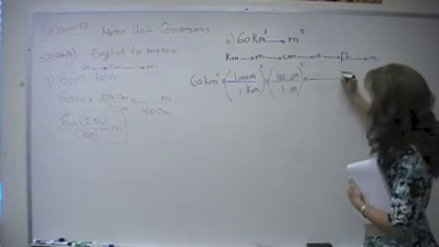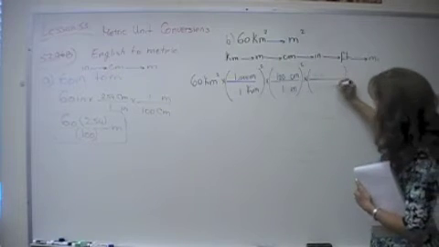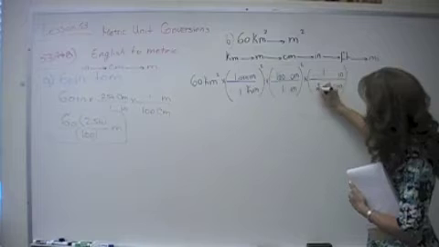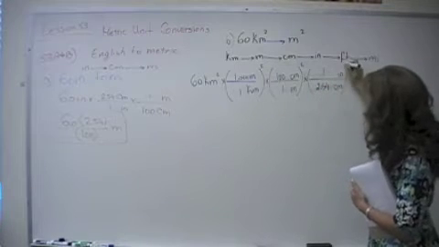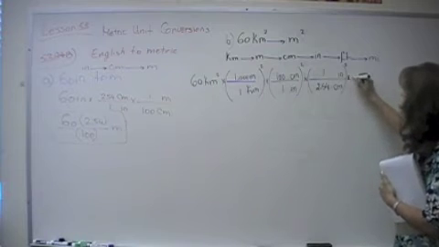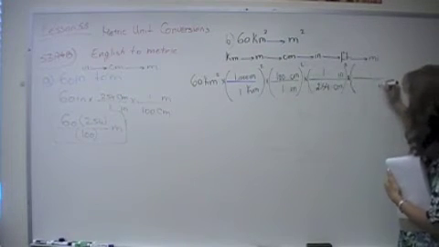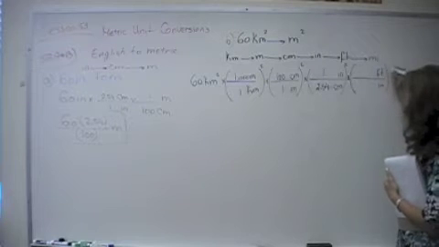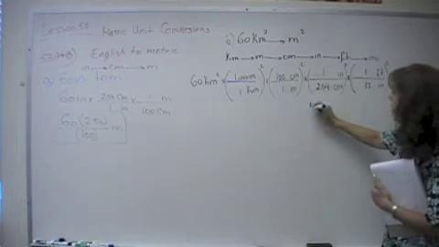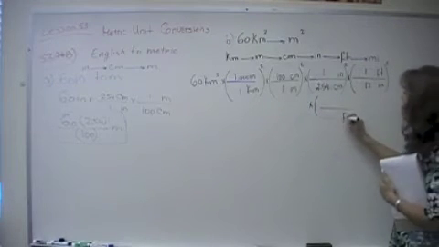Times. This is the key unit here. Centimeter down, inch here, 1 inch is equal to 2.54. Here's my squared. Times inch. So here's my inch to feet. I have 12 inches in the foot times feet here.